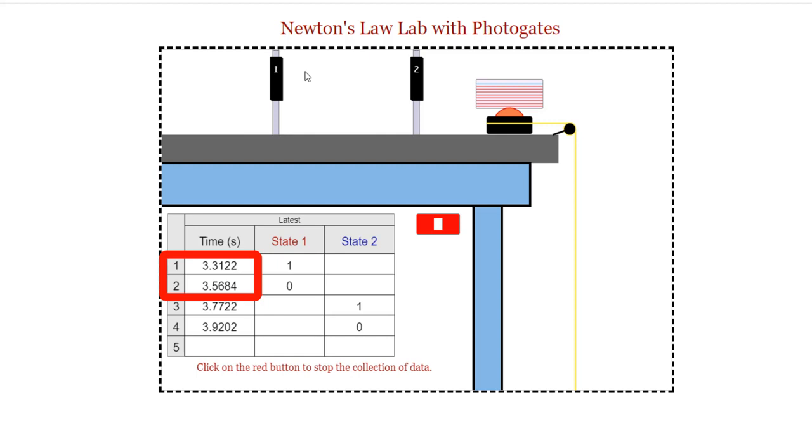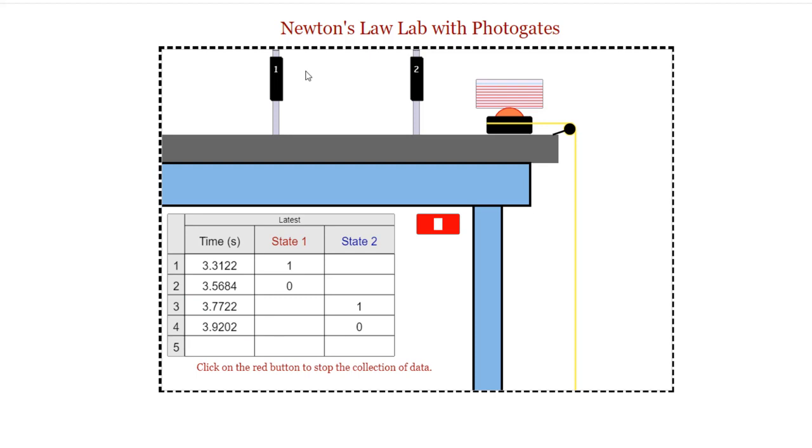So it went through photo gate 1 and photo gate 2, and we're going to take that average velocity through photo gate 1 and take that as the instantaneous velocity for photo gate 1. And the same thing for photo gate 2. We take that average velocity of photo gate 2 and make it the instantaneous velocity of photo gate 2.